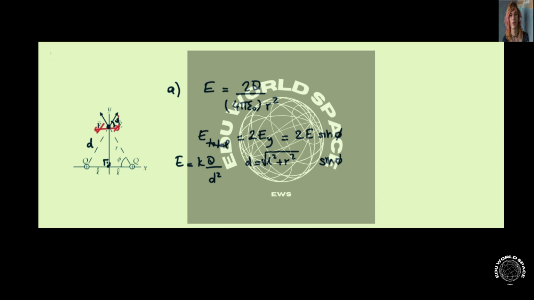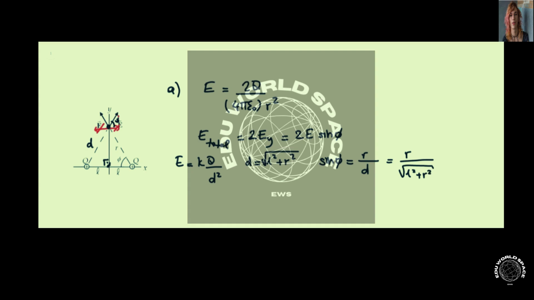So sine phi would be equal to, looking at this triangle again, sine is across, which is r, over hypotenuse, which is d. We also said that d equals the square root of l squared plus r squared.